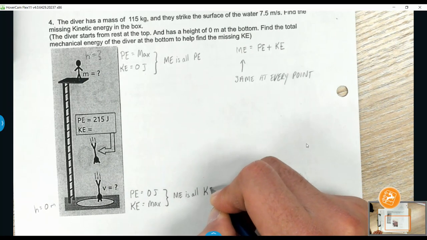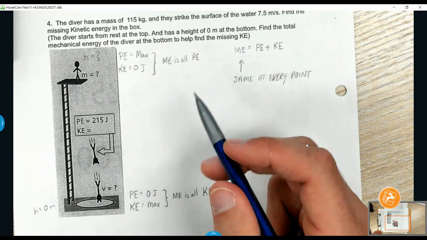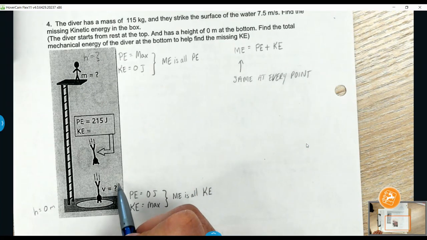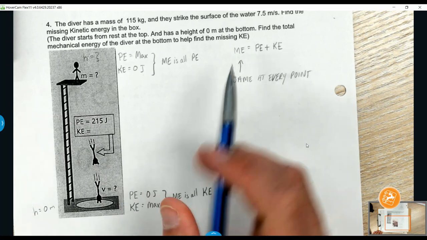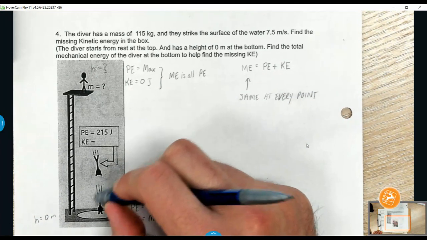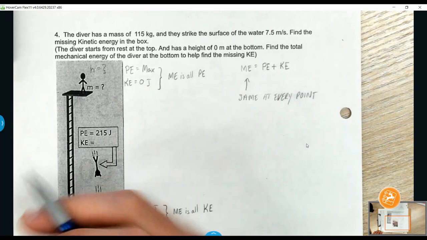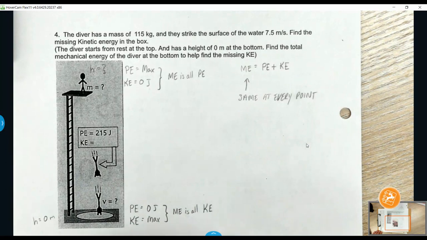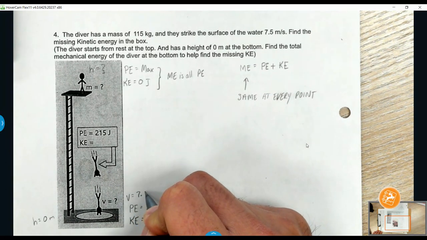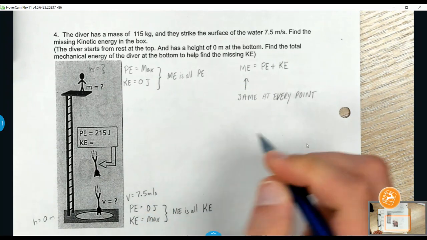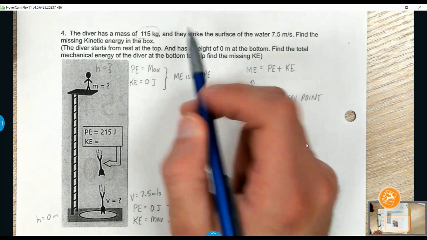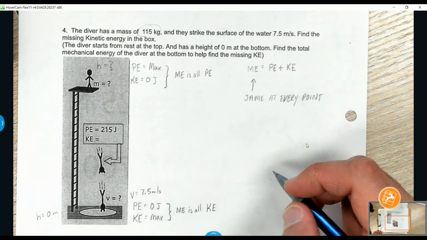So at the bottom, mechanical energy is all kinetic. Well, it still doesn't fully help me because we're looking for... no, I'm sorry, I told you, read in the problem. You're going to strike the water with 7.5 meters per second worth of velocity. So if v is equal to 7.5 meters per second, and m, the mass of the person, is given as 115, guess what you can find?